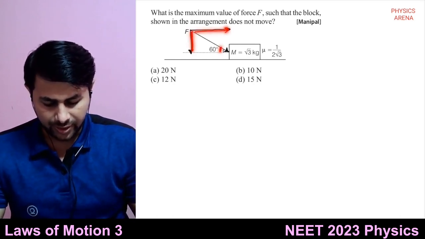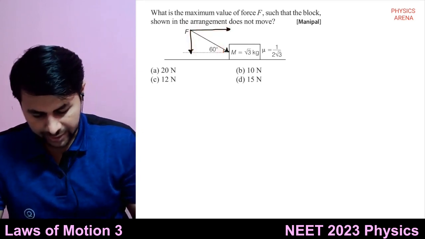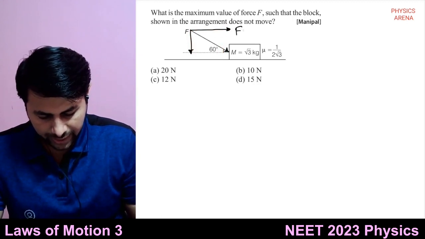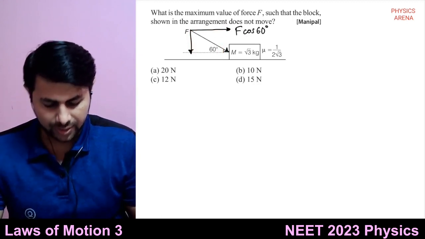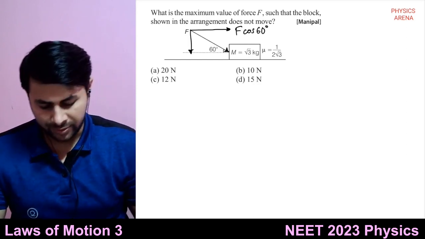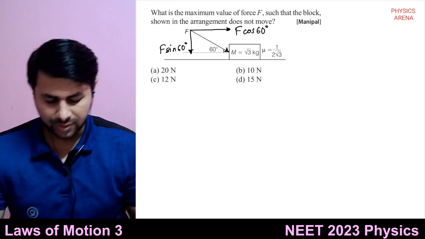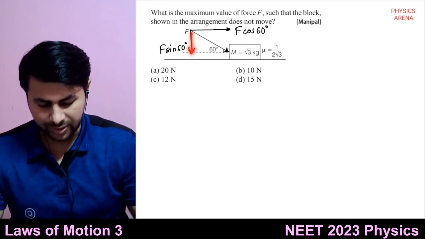Since this angle is 60, the horizontal component is F cos 60, and the vertical component is F sin 60, and it is acting vertically downwards.